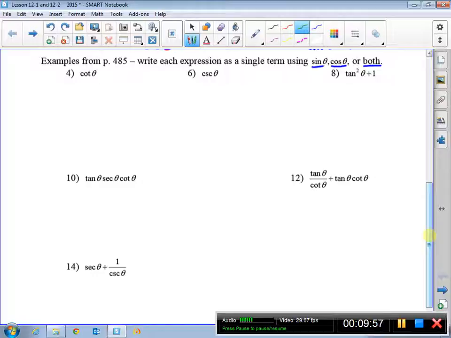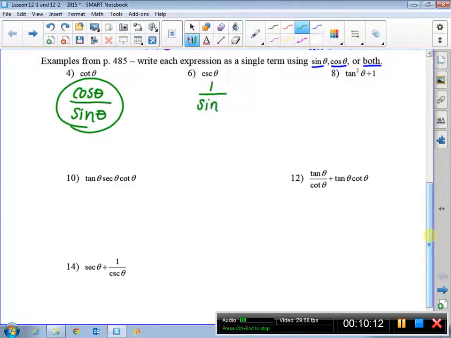Cotangent, go ahead and see if there's something you know equals cotangent. And you might do the helpful hexagon, or you might just know that it is cosine over sine. Cosecant, do you know this one by heart? If you said 1 over sine theta, good job. Tangent squared theta plus 1. It's squared.